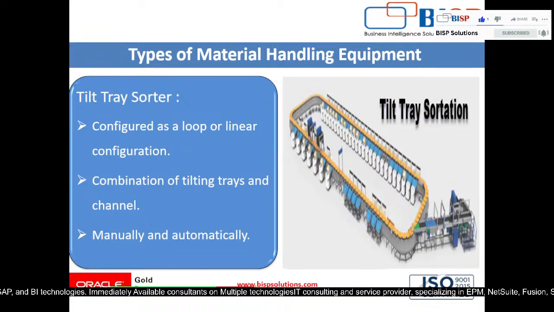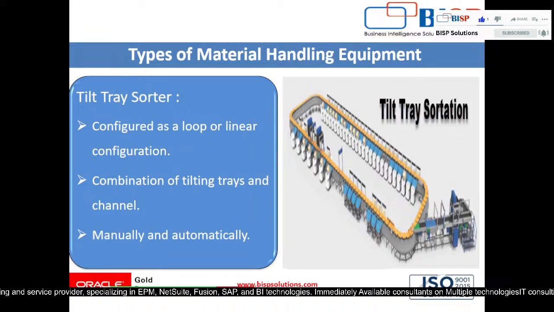So this is the tilt tray sorter, a combination of tilting trays and channels, as you can see on the screen. The items and packages are either manually or automatically inducted into the tilt tray sorter, right?